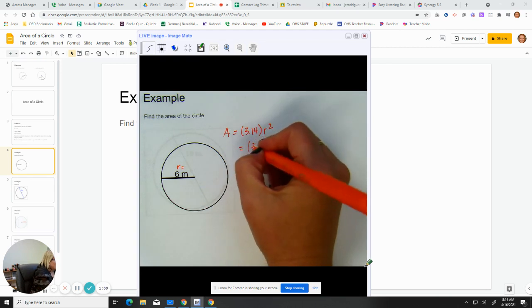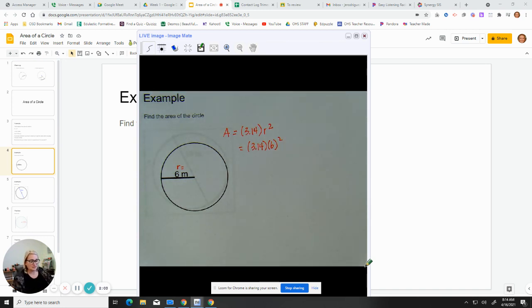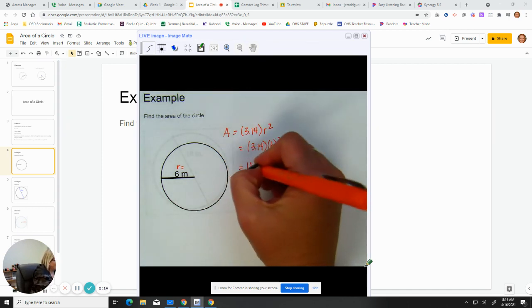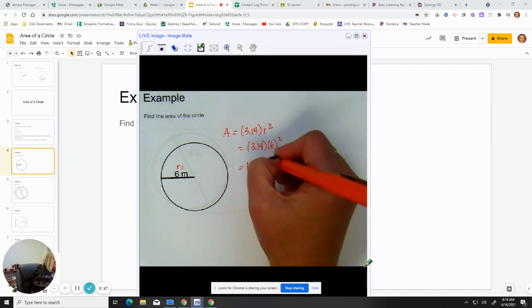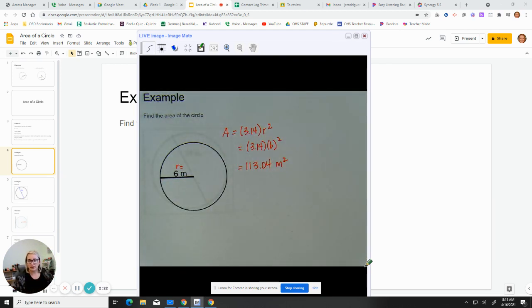So this is literally as simple as plugging this in: 3.14 times 6 squared should get you 113.04, and because this is meters, this is going to be meters squared. I would really recommend that you do the calculations along with me to make sure that you are putting it into your calculator correctly, because every calculator does the order of operations a little bit differently.